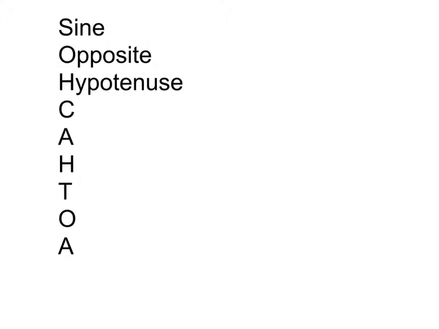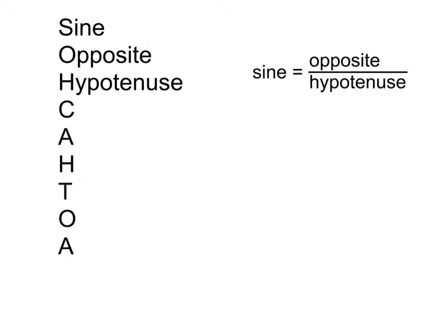The way that it helps us is that the S, well, of course, that's sine. And remember what the definition of sine was? Sine, that you just wrote down in your notes, sine equals opposite, the O, next thing in SOHCAHTOA, H, over hypotenuse. And so that then tells me sine equals opposite over hypotenuse by remembering that SOH. The next thing, the C. What do you suppose C stands for?